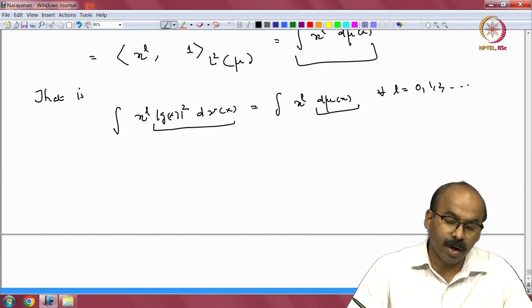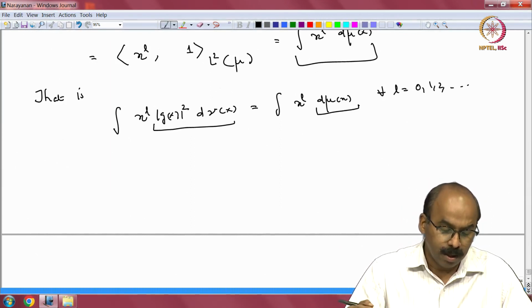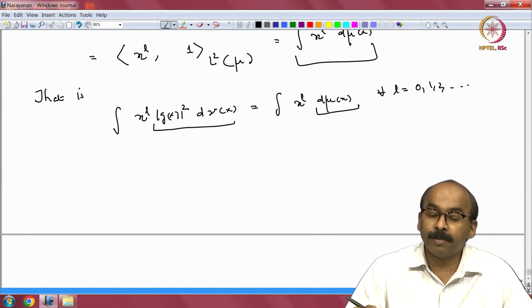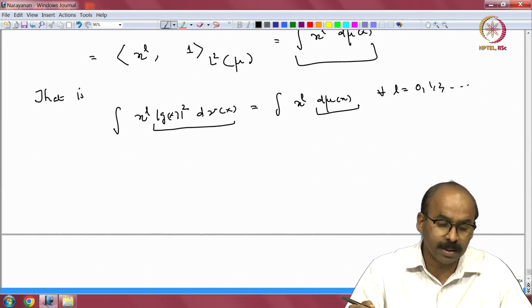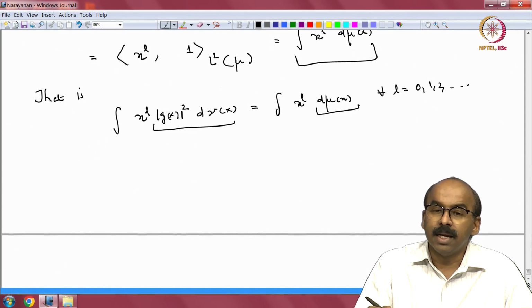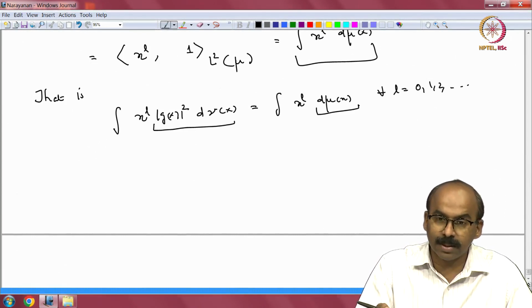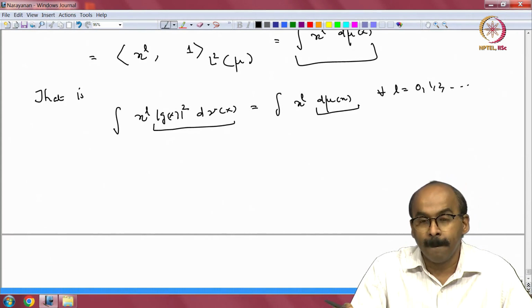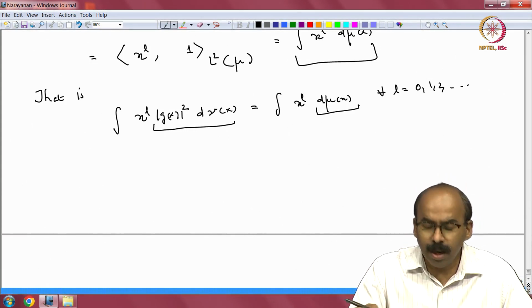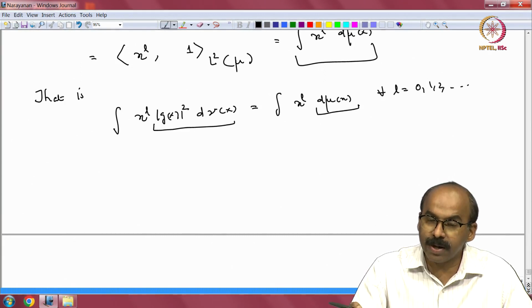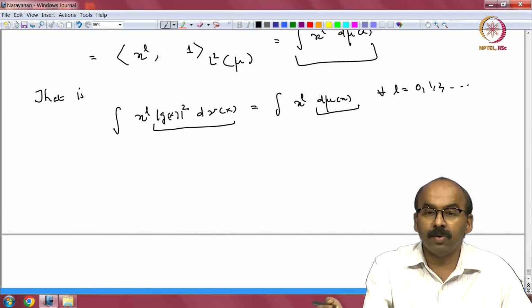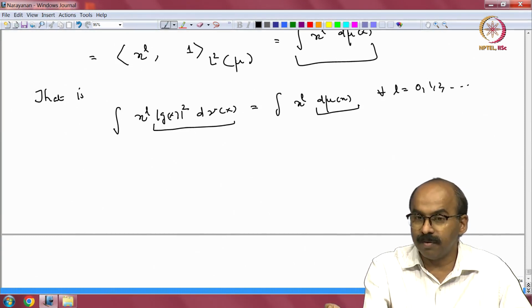If you want an argument, you look at the linear span of x to the L, those are polynomials. Since they agree on x to the L's, you can integrate against any polynomial and get the same answer. Then you can take the uniform limit and get all continuous functions, but measures are in the dual of continuous functions, and so they will have to be equal.